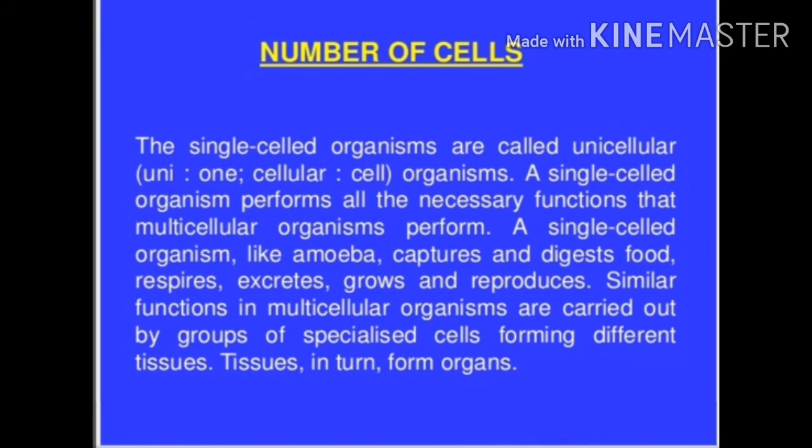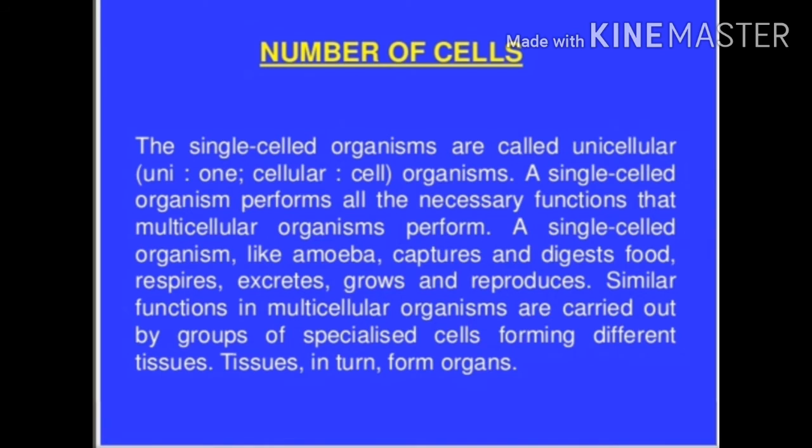Single celled organisms perform all the necessary functions that multicellular organisms perform. A single celled organism like amoeba captures and digests food, respires, excretes, grows and reproduces. Similar functions in multicellular organisms are carried out by groups of specialized cells forming tissues, and the tissues in turn form organs.